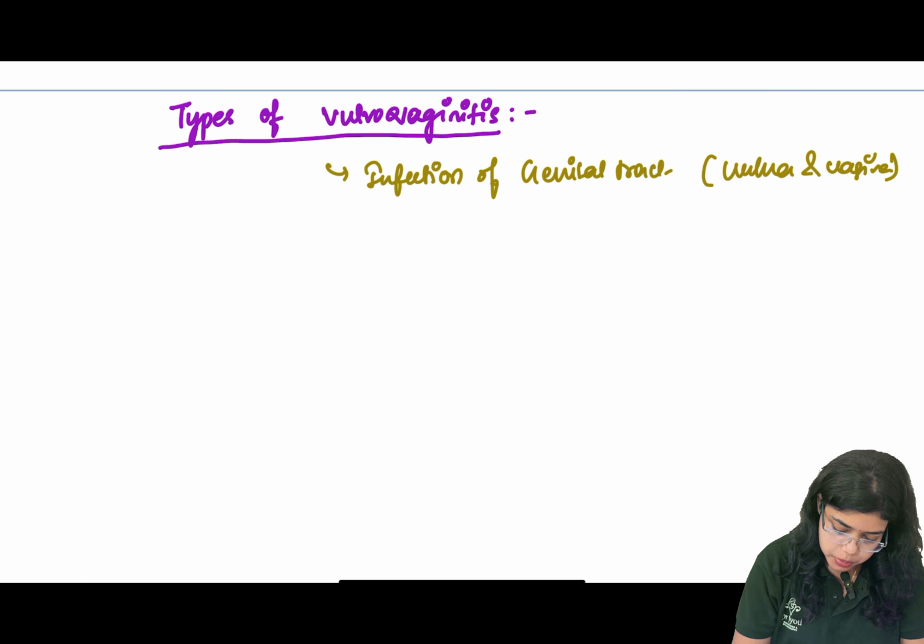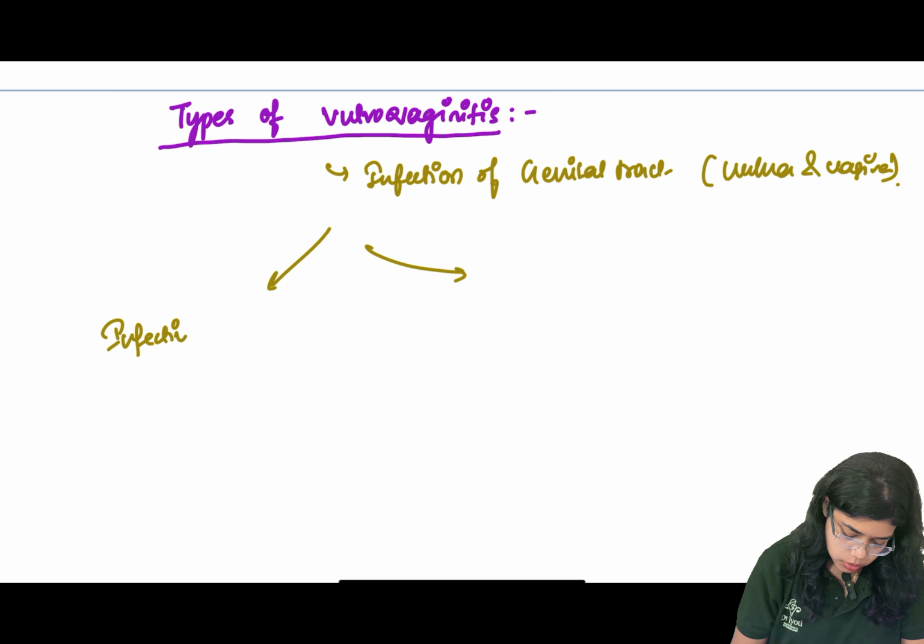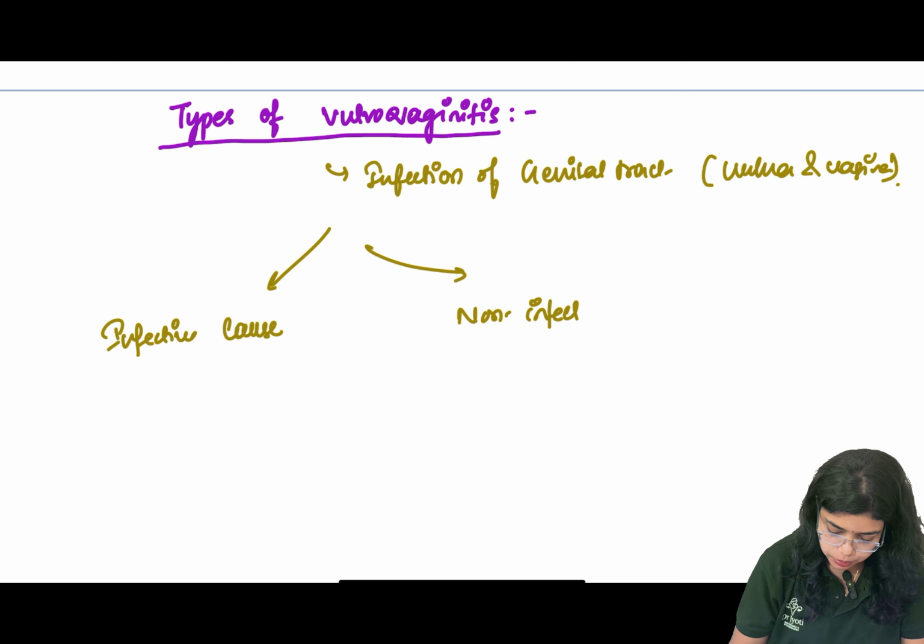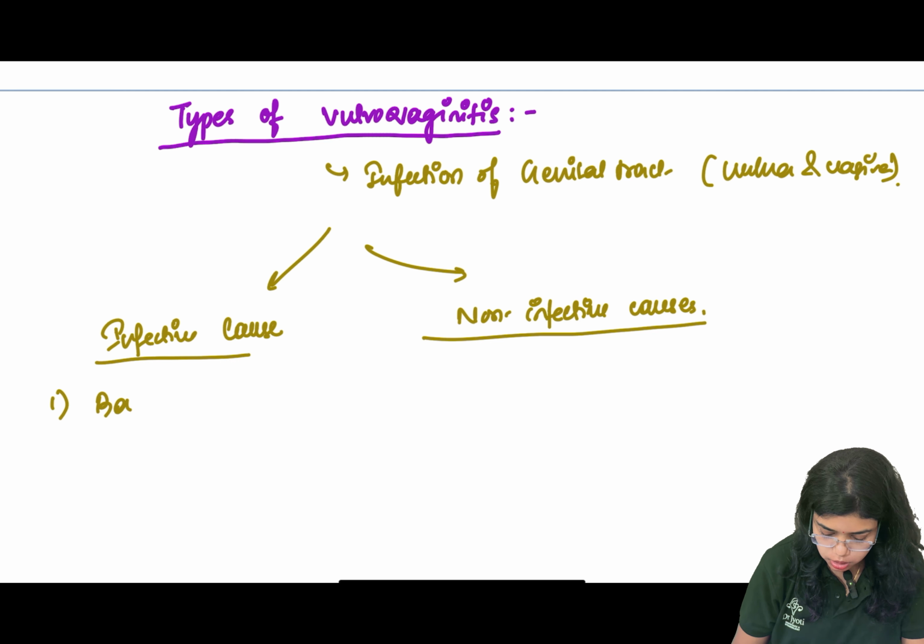So what are the types? There are two types. First, either infective cause or non-infective cause. Infective cause, we know, first due to bacteria, that is bacterial vaginosis.